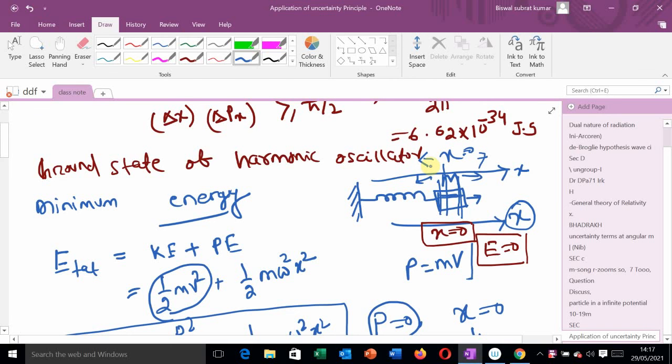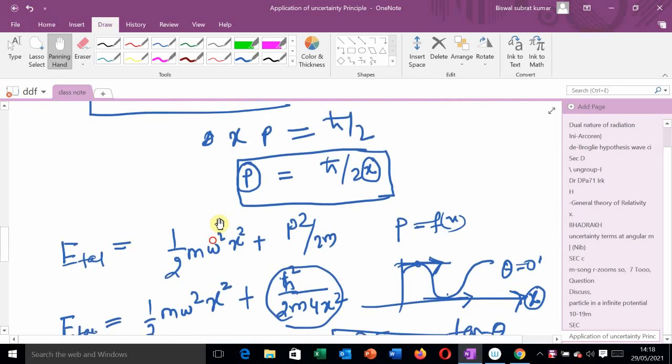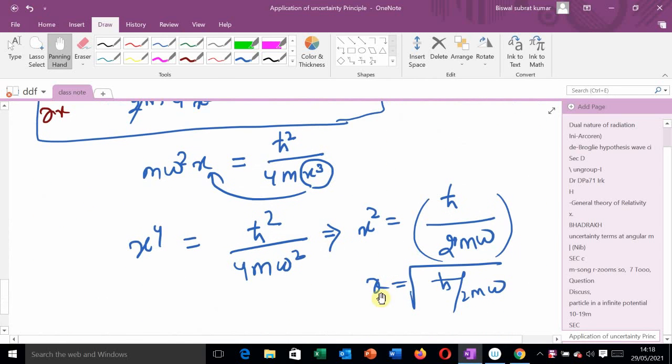What we have found from our calculation is that at this value of x, the energy is minimum. That means you can take it plus or minus, because it's a square root.